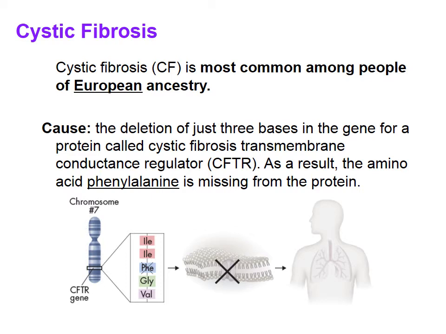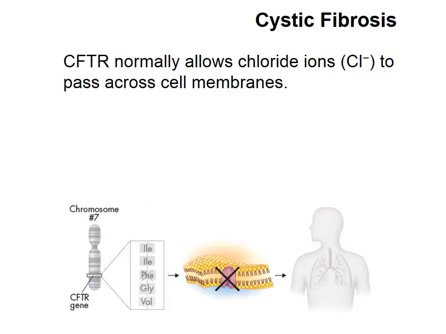So you don't have to remember that, but you should know that the amino acid phenylalanine is missing from the protein. So you should know that it's common among Europeans and that it causes one of the amino acids to be missing from the protein. And because it's missing from the protein, the chloride ions don't pass across the cell membranes.